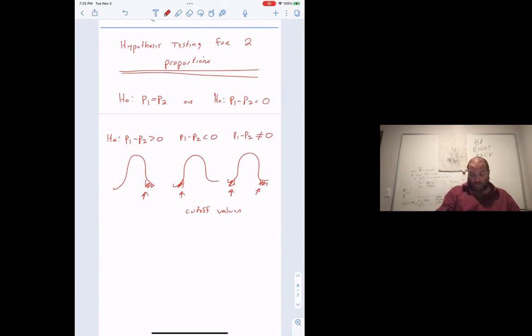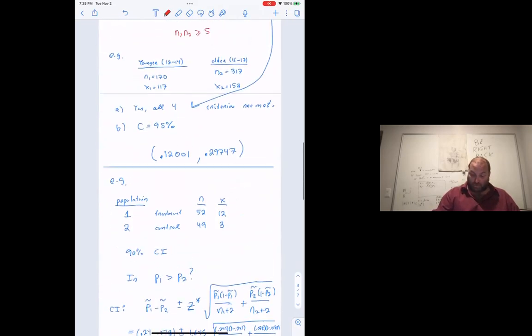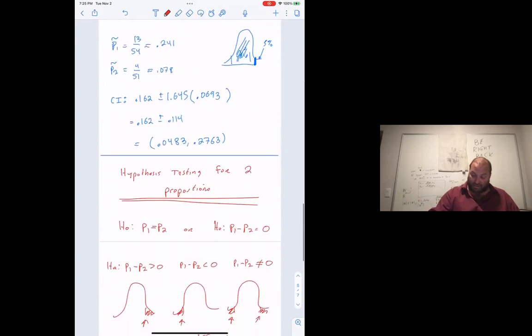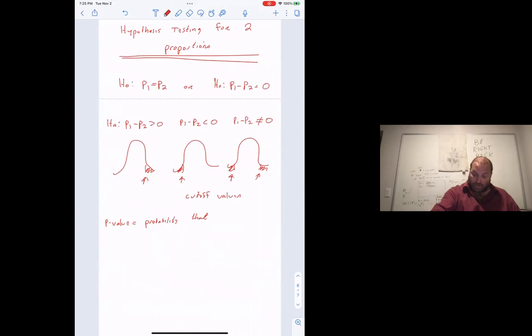So what is the p-value? The p-value equals the probability, what's the wording that I used for the last one? The probability of being past z equals plus or minus. So now what is the z value?